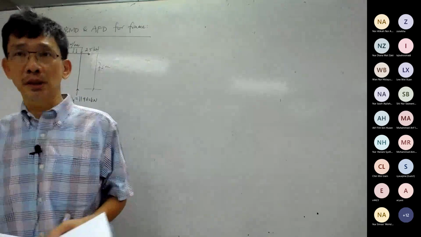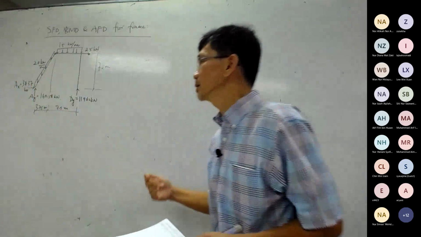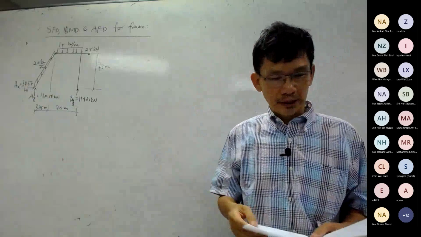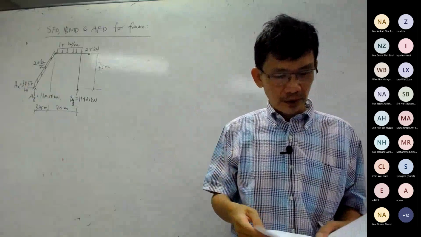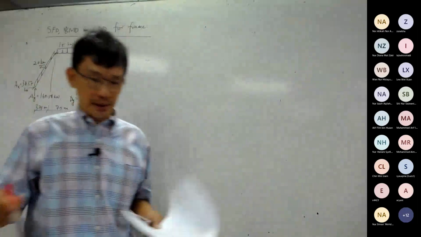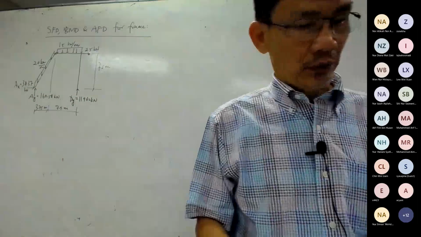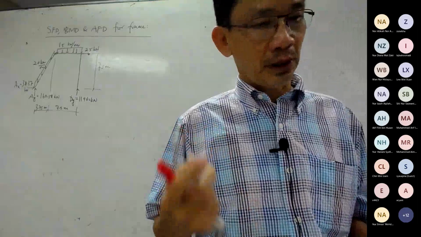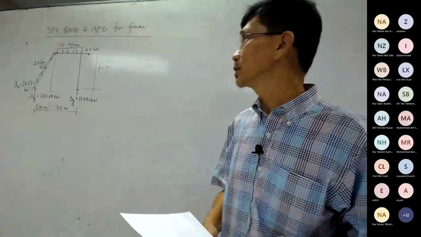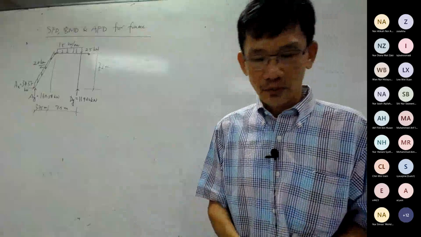So now, this is the first thing that I mentioned: in order to be able to get the shear force diagram, bending moment diagram, and if the axial force diagram is also needed, the steps that you have to go through will be similar to the case for the beam. If you're using the section method, then you need to know how many times of cutting you have to do.